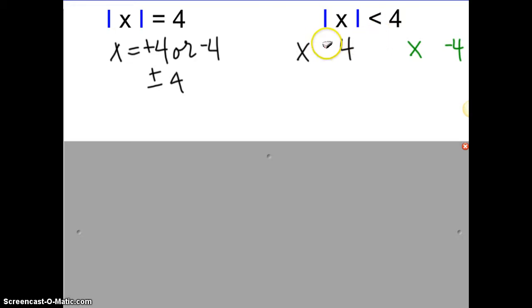So the first one you always just put the regular sign in. So x is less than 4. Then when I go over and make it negative 4, think about it for a second. Inequalities, if the sign changes, what has to happen to the inequality? Right. You've got to flip that.